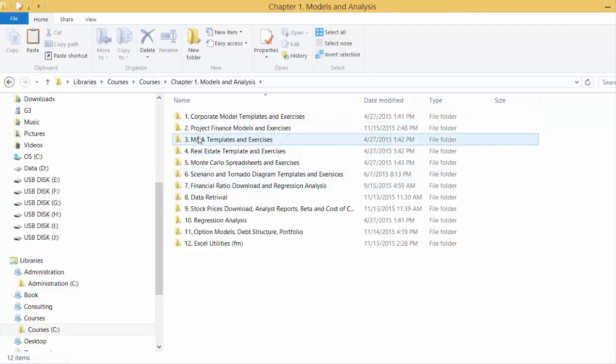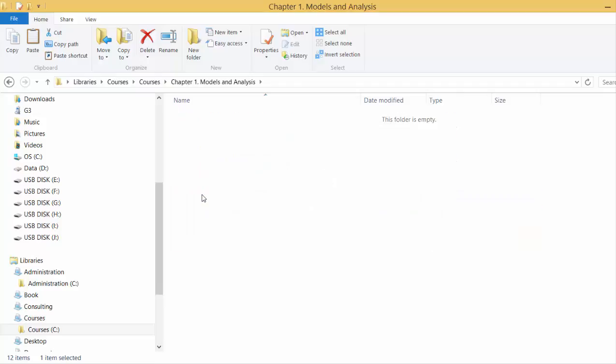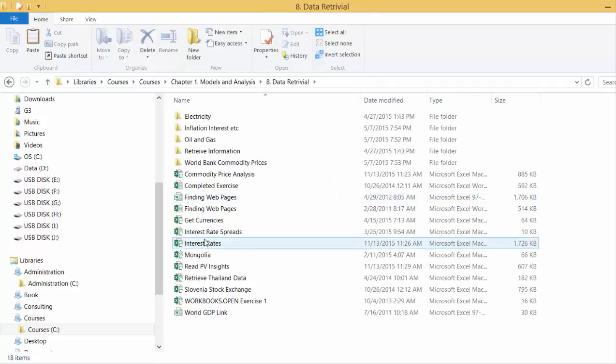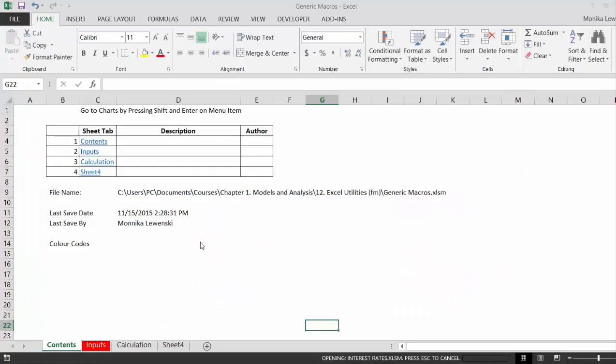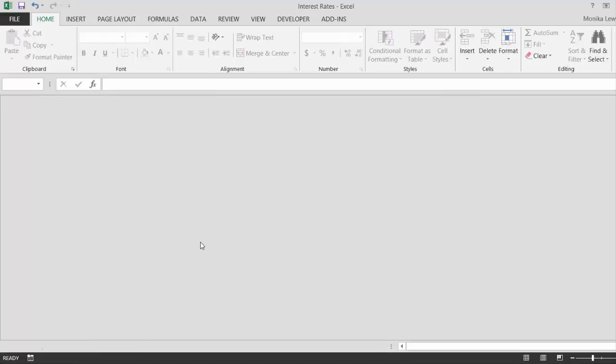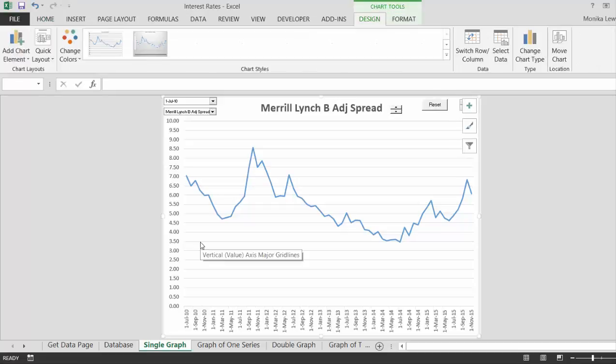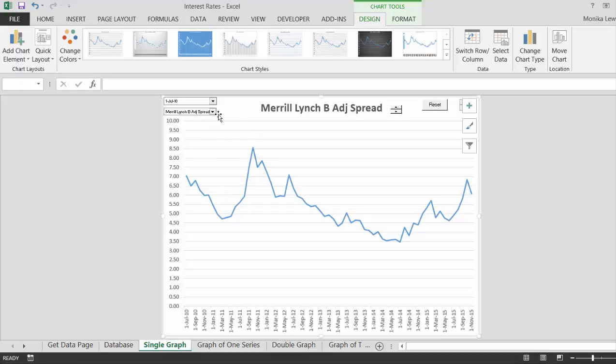I'm not copying files for a class right now. In chapter 1, let's go to the data retrieval, and let's understand some interest rate issues, okay? And I'm not suggesting that I have a better answer.